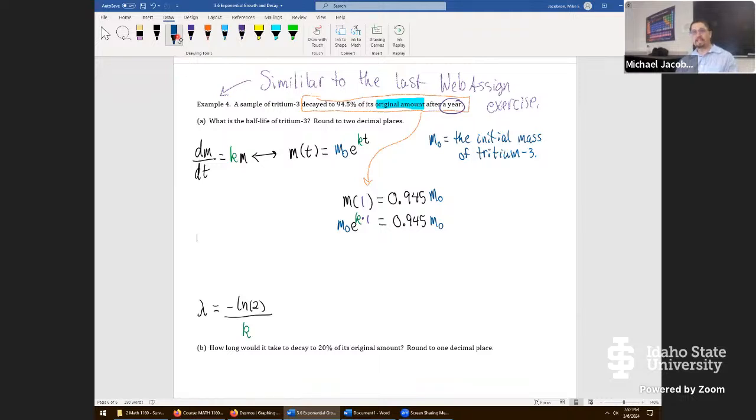Now, this is the surprise about the problem. At first, it seems like it's not quite right, but this is true. You never actually needed to know how much mass there was initially. The next thing you would do is divide both sides by m naught, here and here. And so that initial mass is just completely removed from the whole problem.